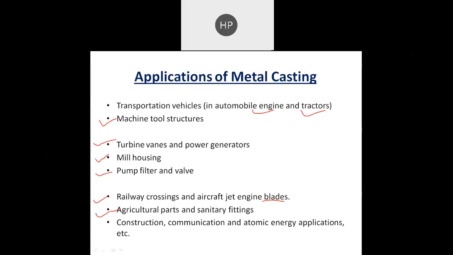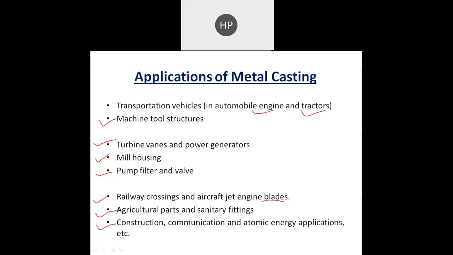And finally, some construction, communication and atomic energy applications, which is a wide area where we can use the metal casting process. So these are some of the areas of application where we can use metal casting. These are only a few which are noted over here, but there are many more.